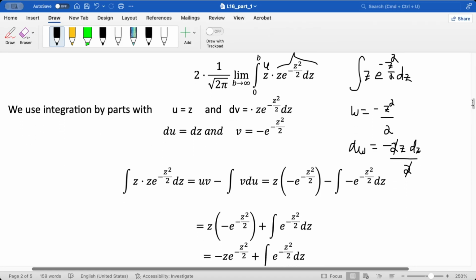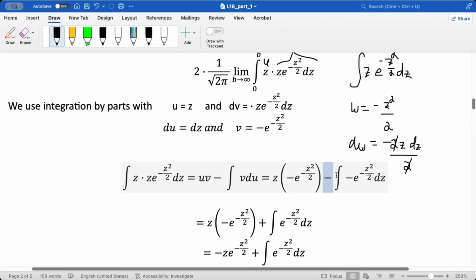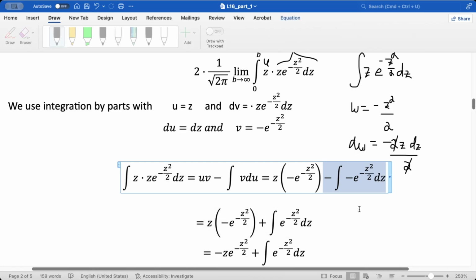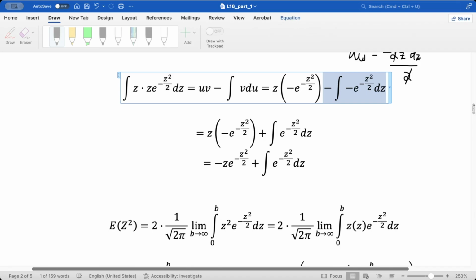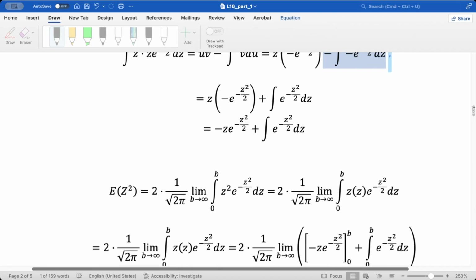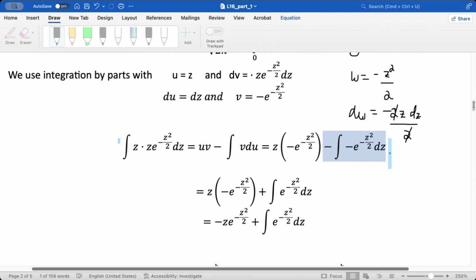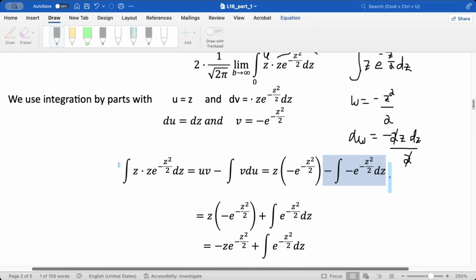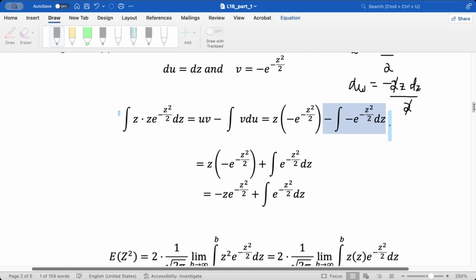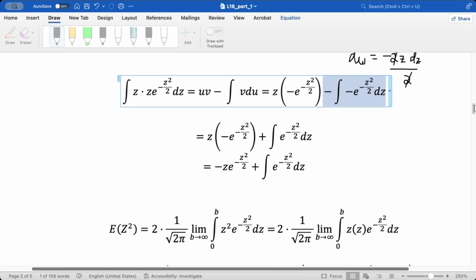And the double negatives cancel out here to a plus sign. All right, so we're taking the limit as b goes to infinity on this expression. And we do have the constant there, 2 over root 2 pi, 2 times 1 over root 2 pi.